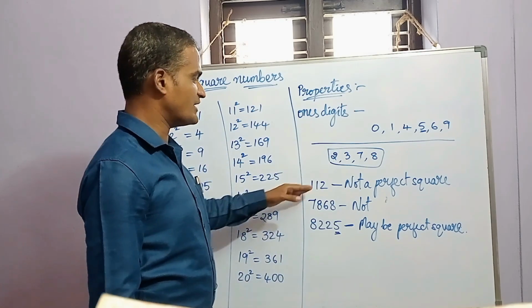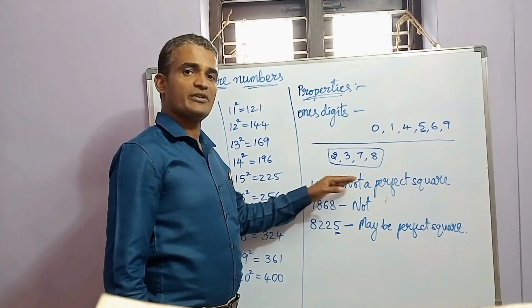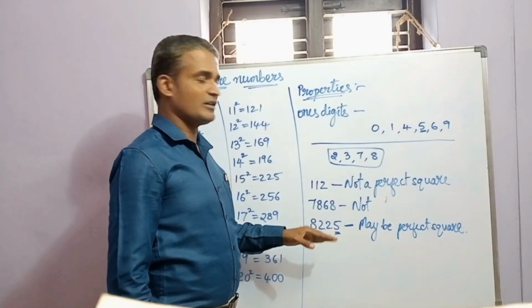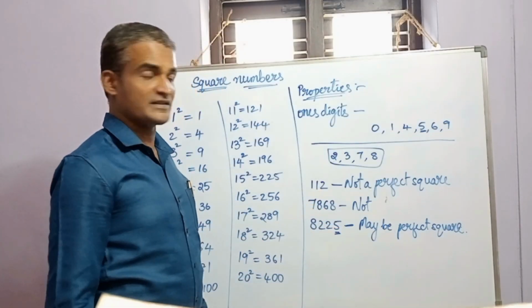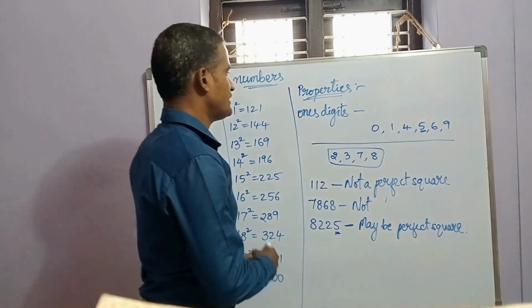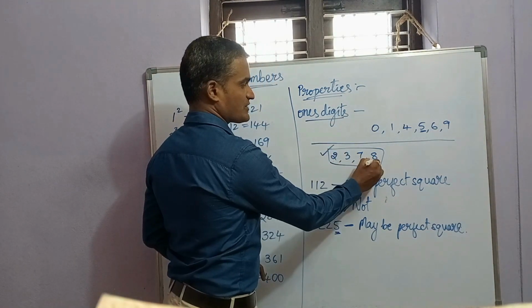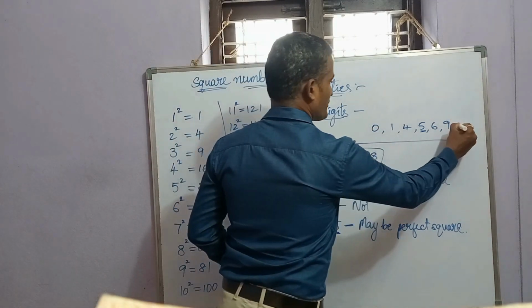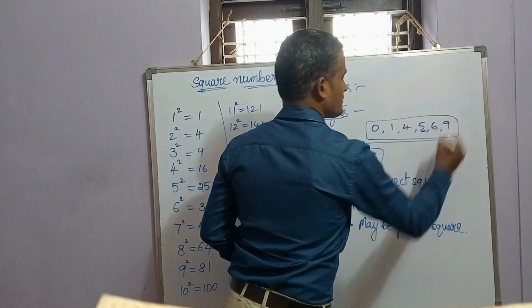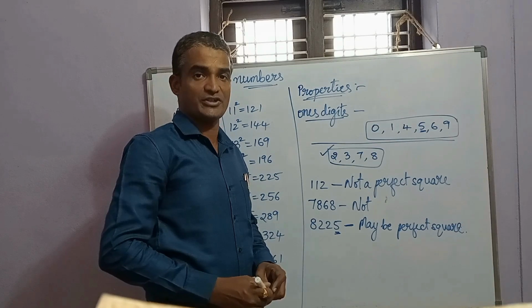We cannot write that kind of number as a product of two same numbers. That's why it is not a perfect square. This is the first rule. If the ones digit is one of 2, 3, 7, 8, it's not a perfect square, and if it is any of the other digits, it may be a perfect square, but not sure.